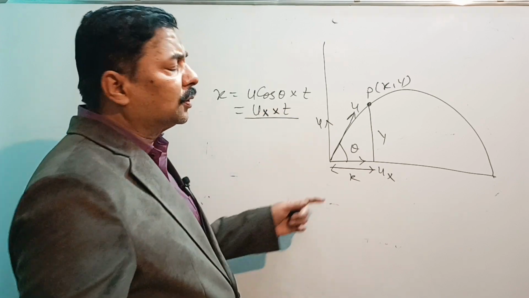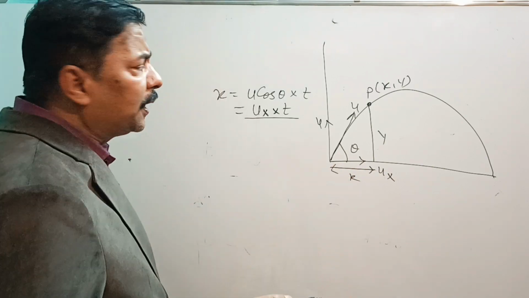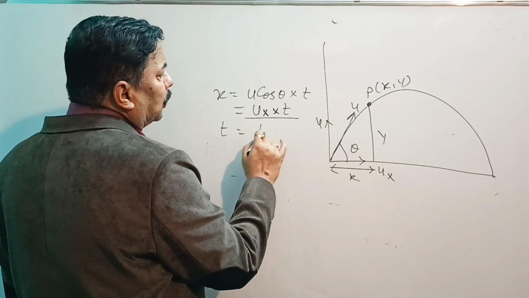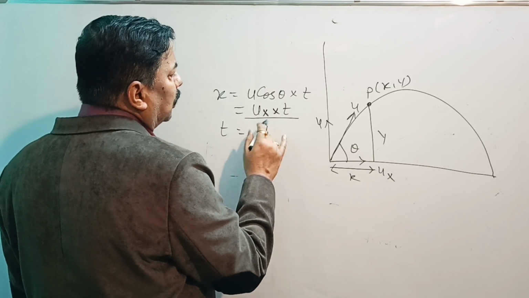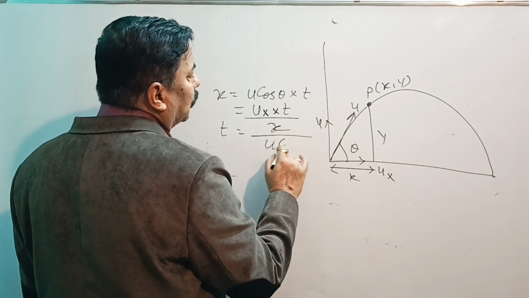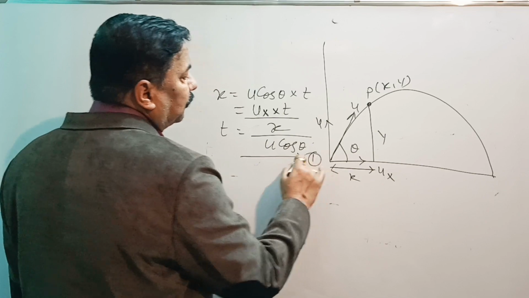Why? It is constant, it is uniform motion. So what are we getting? We are getting t is equal to x by u cos theta. Take it as equation number 1.